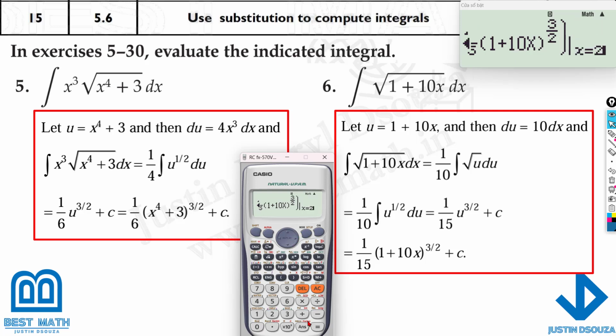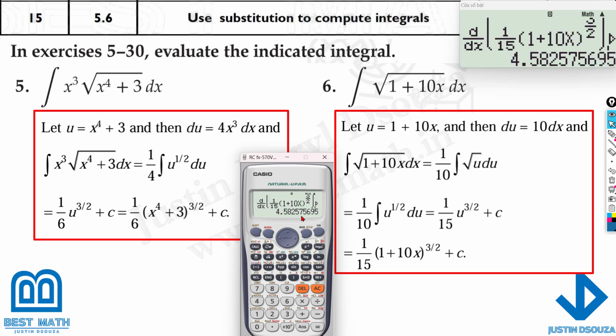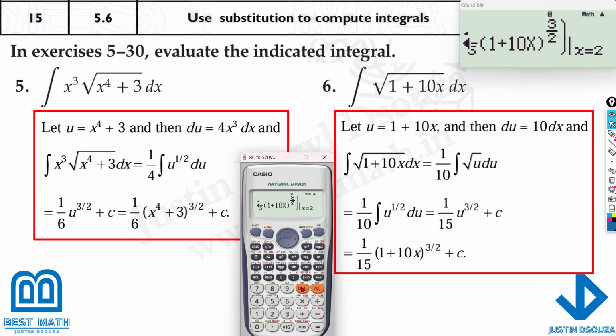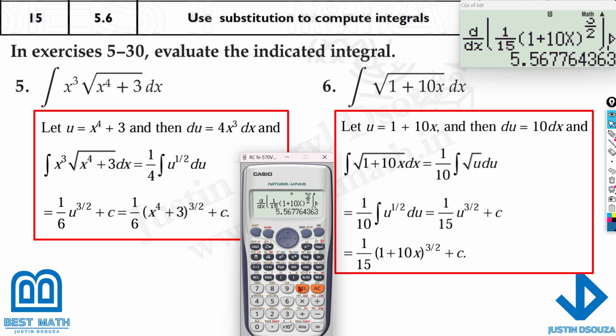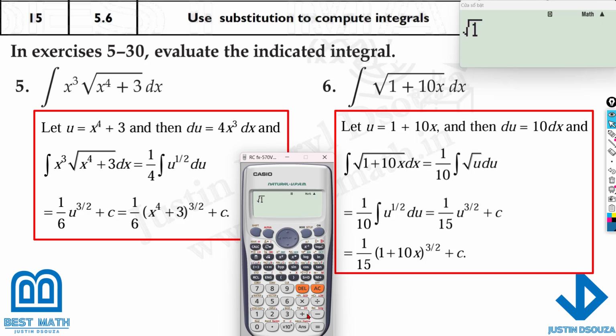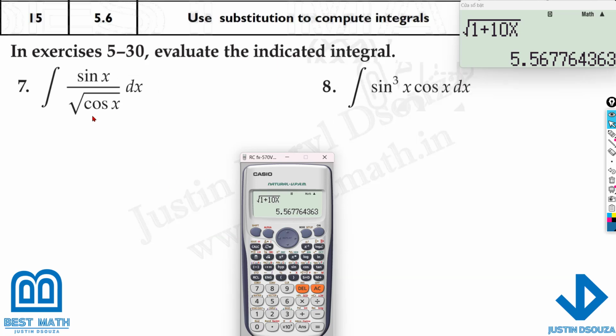We just go out and put x is equal to 2, must be 4.58. So that's it. Anytime. Now let me just change it over here. Let me change it to 3, 5.56, right? Now look at this. 1 plus 10x calculated at 3, it should be 5.567. It will match. You can solve all these problems, it'll be the same thing.